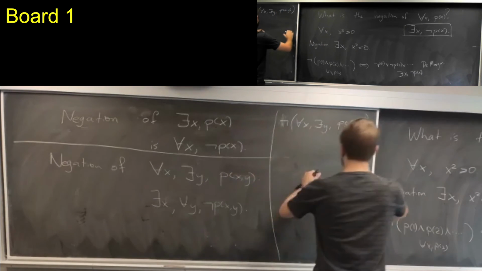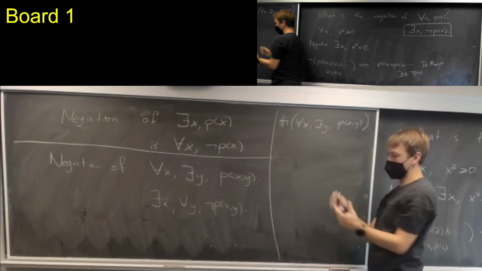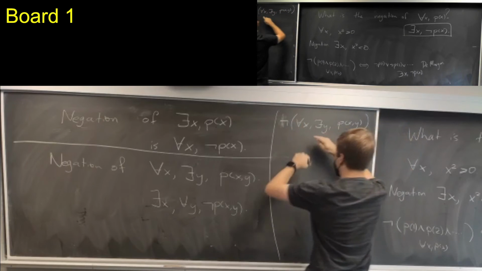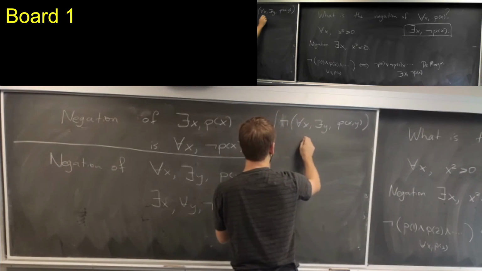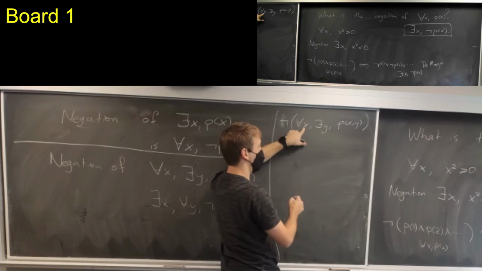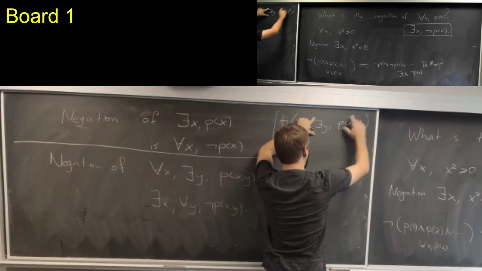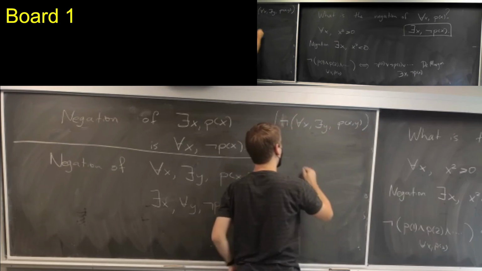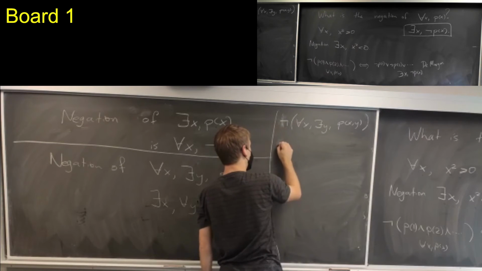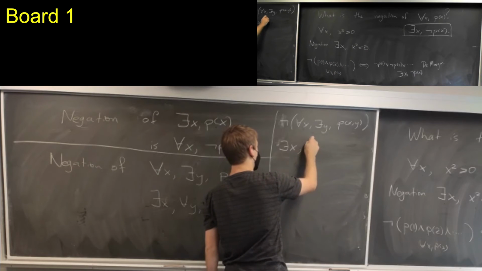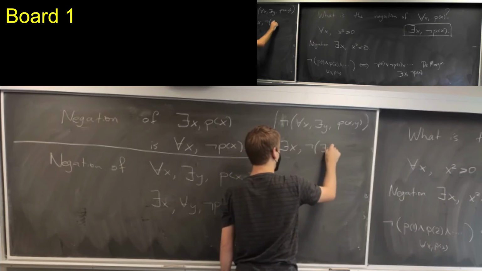You can think of this as two steps. If I pick a choice for x, you can think of this as an open statement that depends on y.